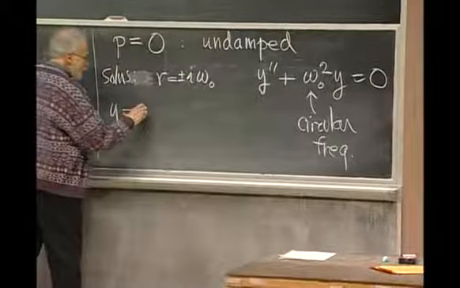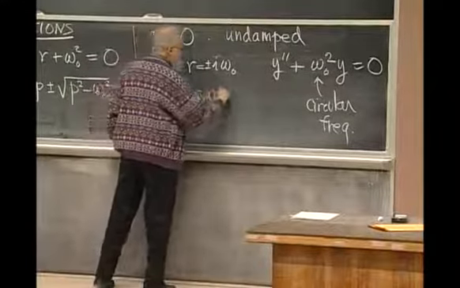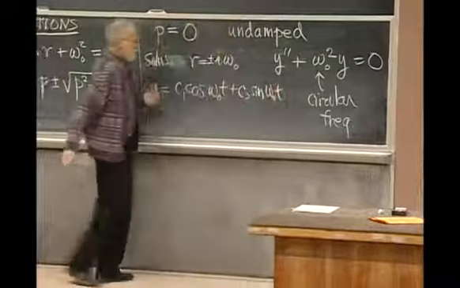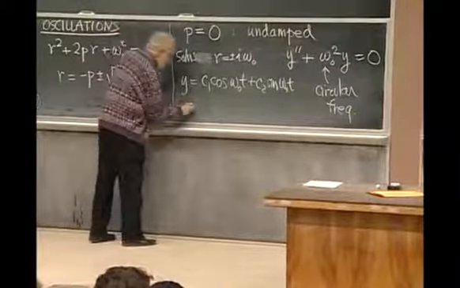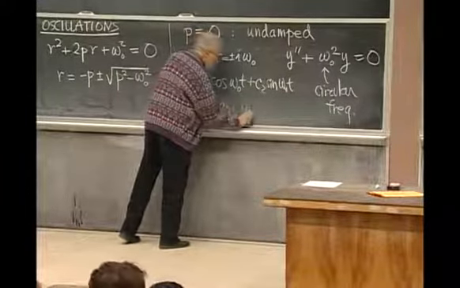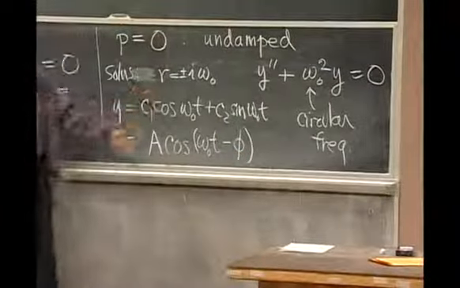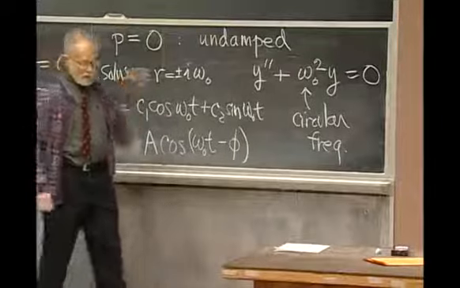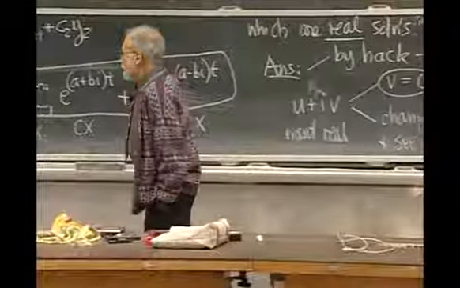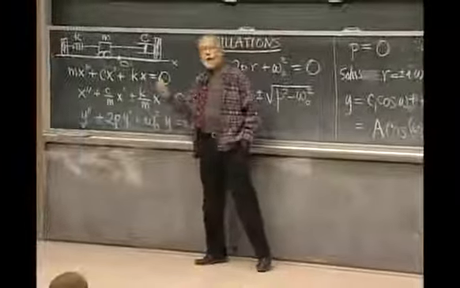And then the solutions are simply C1 cosine omega naught t plus C2 sine omega naught t. That's if you write it out with sine and cosine, and if you write it using the trigonometric identity, then the other way of writing it is A times the cosine of omega naught t, but now you'll have to put in a phase lag. So you have those two forms of writing it, and I assume you remember the little triangle which converts one into the other. Okay, so this justifies calling this omega naught squared rather than k over m.